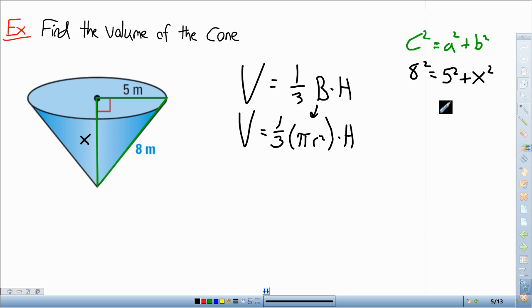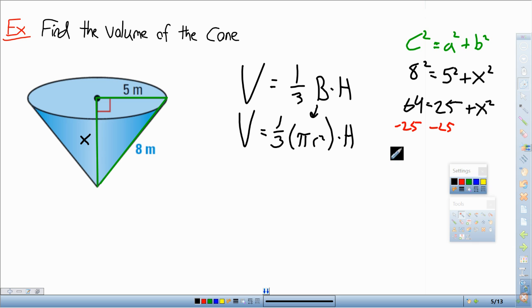We're going to solve this for x. So let's solve for that missing side length. 8 squared is 64, 5 squared is 25, plus x squared. Then subtracting 25 from both sides. I'm just going to do this in my calculator. Looks like I'm getting 39.